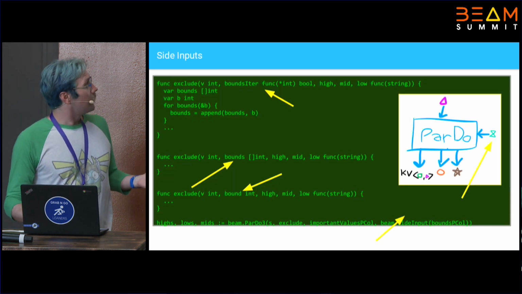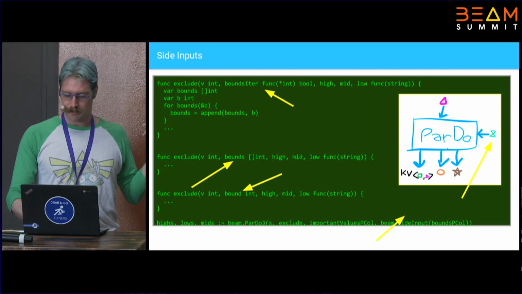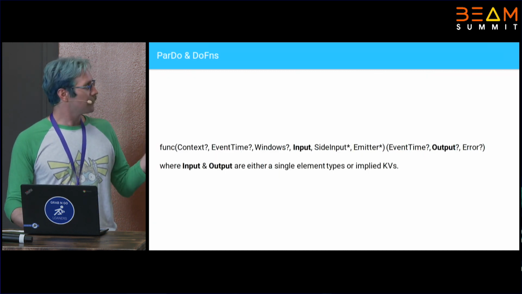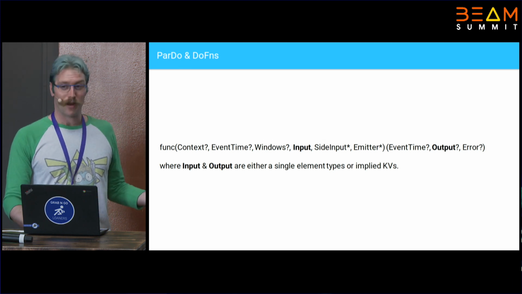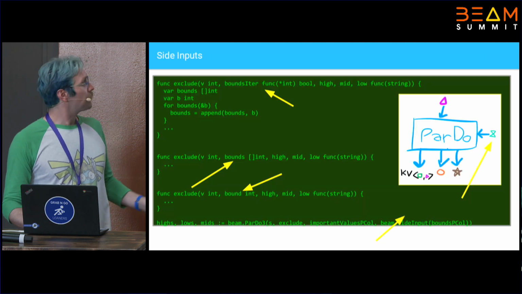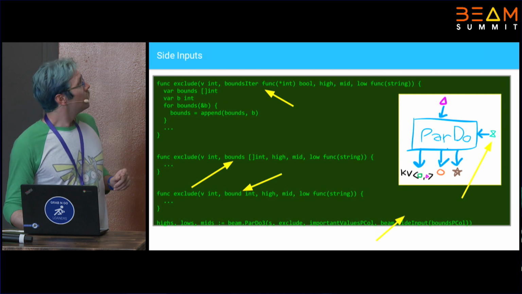Side inputs are done via additional, as indicated on this slide here, are possible. They come right after the input in your parameters and right before the output emitters, if any. And they can take a variety of forms.